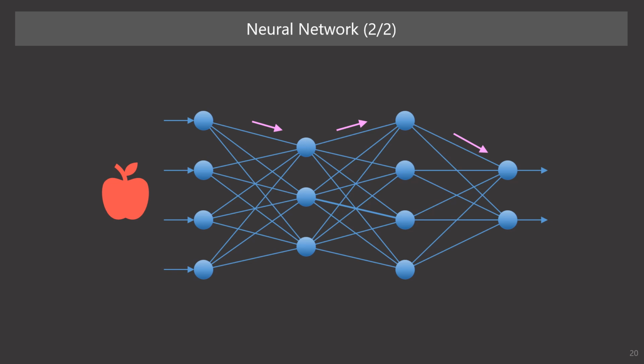Instead, the information of an apple will become an electric signal and then will be transmitted from the retina to the neural network as an electric signal. And then, the process of inputs and outputs of the electric signal will be repeatedly and hierarchically implemented in the neural network. And finally, we can recognize the apple as it is.